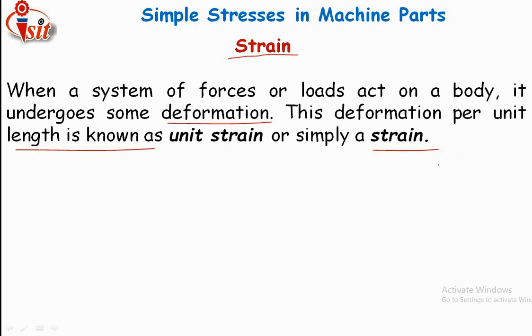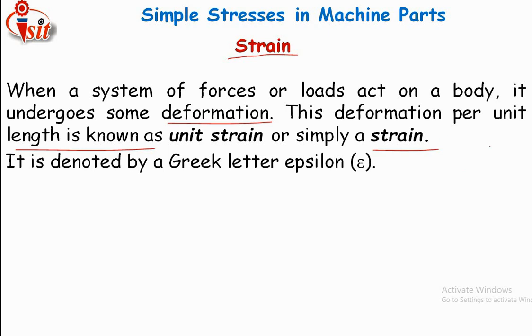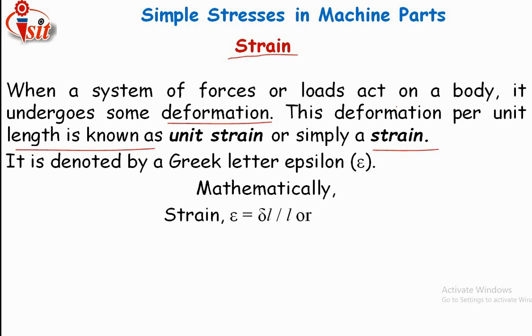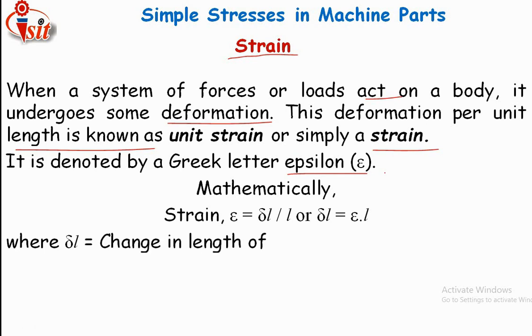It is denoted by a Greek letter epsilon. As stress is denoted by the Greek letter sigma, in the same way the strain is expressed by a Greek letter epsilon.